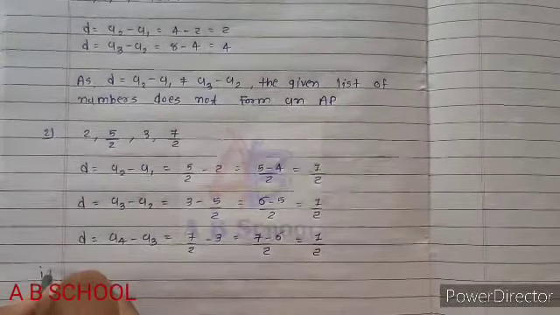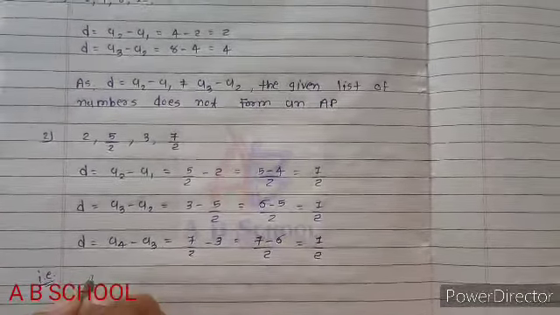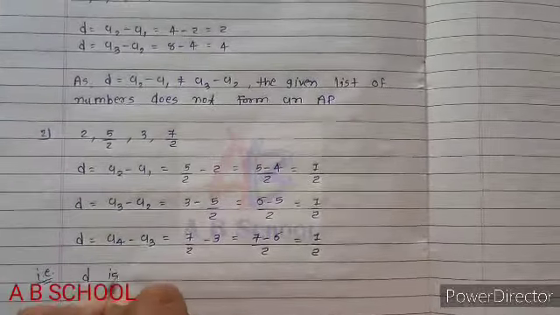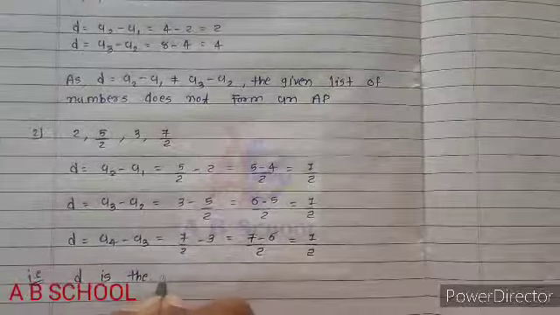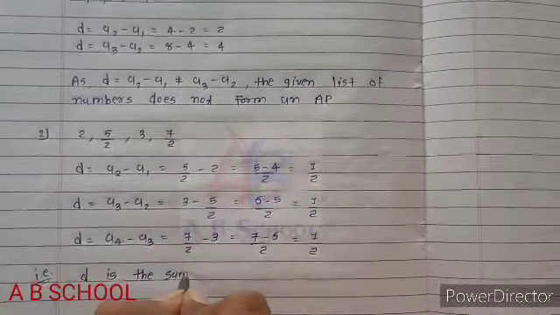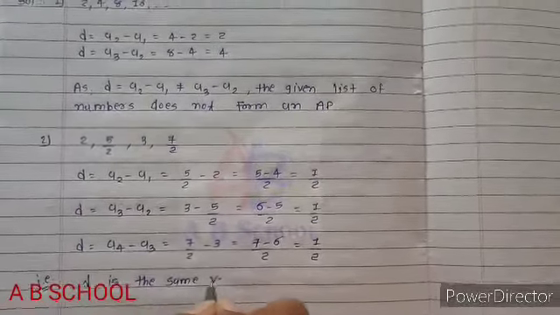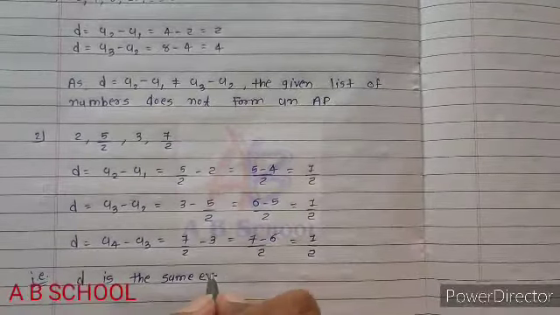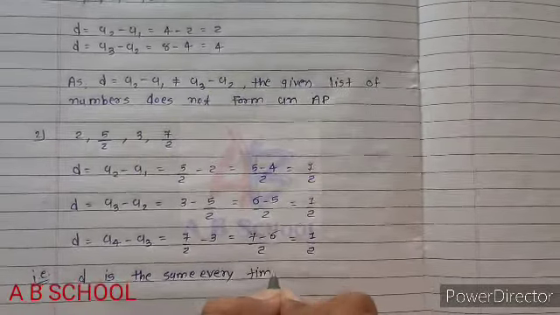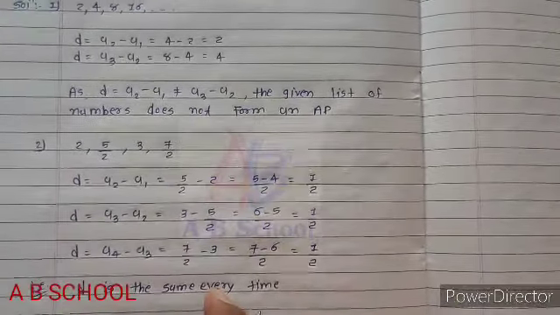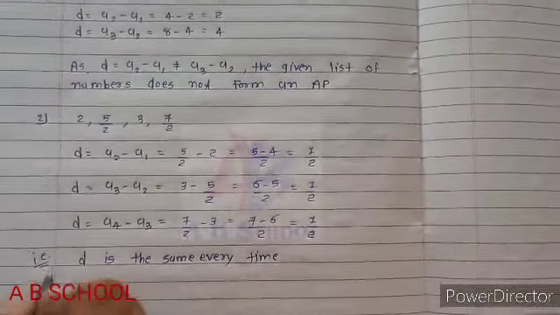That is, D, the common difference, is the same every time.